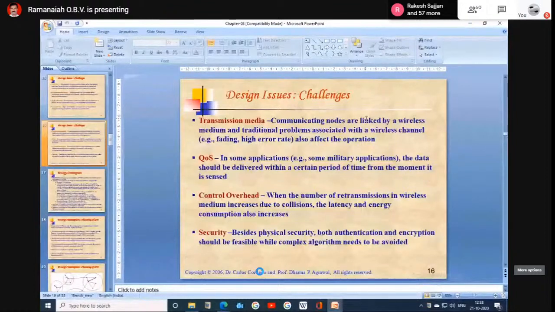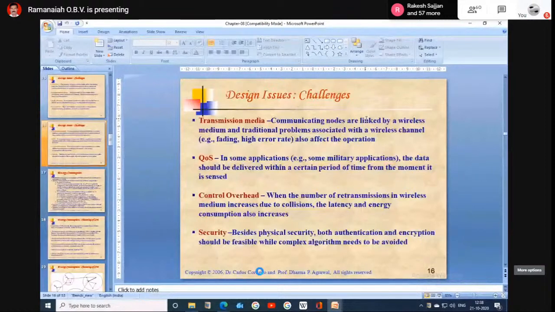Then the next thing is quality of service. In the case of military, quality of service matters because of security reasons, because of the criticality of the application.